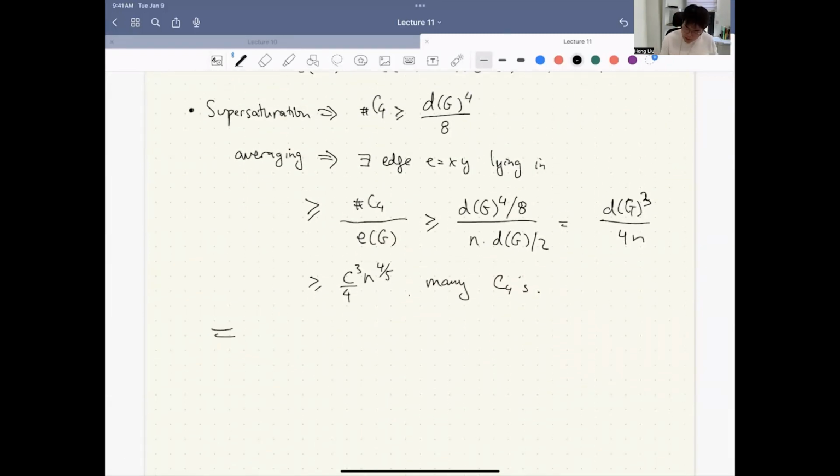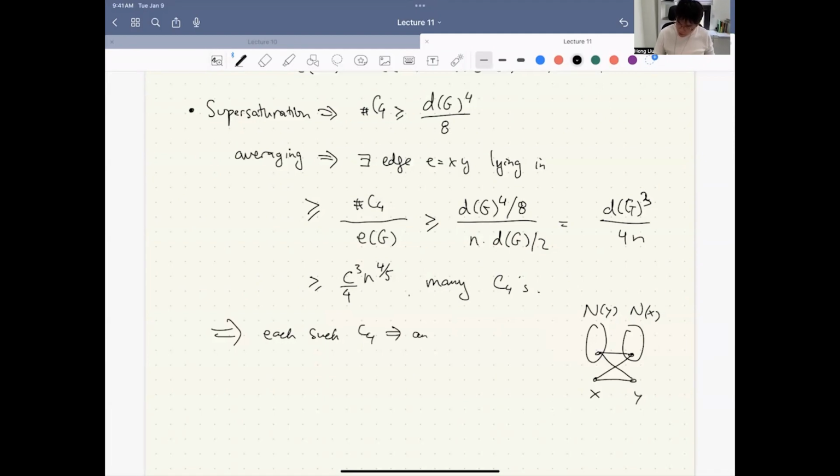This implies, as I said, every C4 gives rise to an edge. Each such C4 gives you an edge in this graph between their neighborhoods, implying that, so maybe let's give it a name.